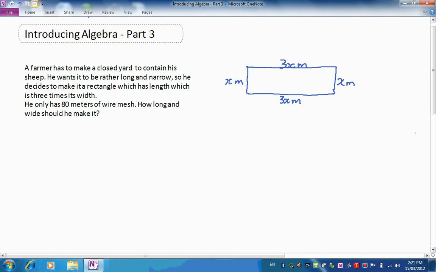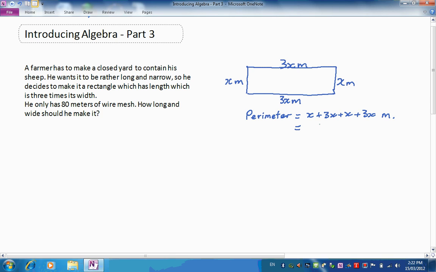And what we have then is a total distance around the outside, and that's usually called the perimeter of all of these added up. So let's go and add them all up. So that would be the total metres, adding up all the sides.